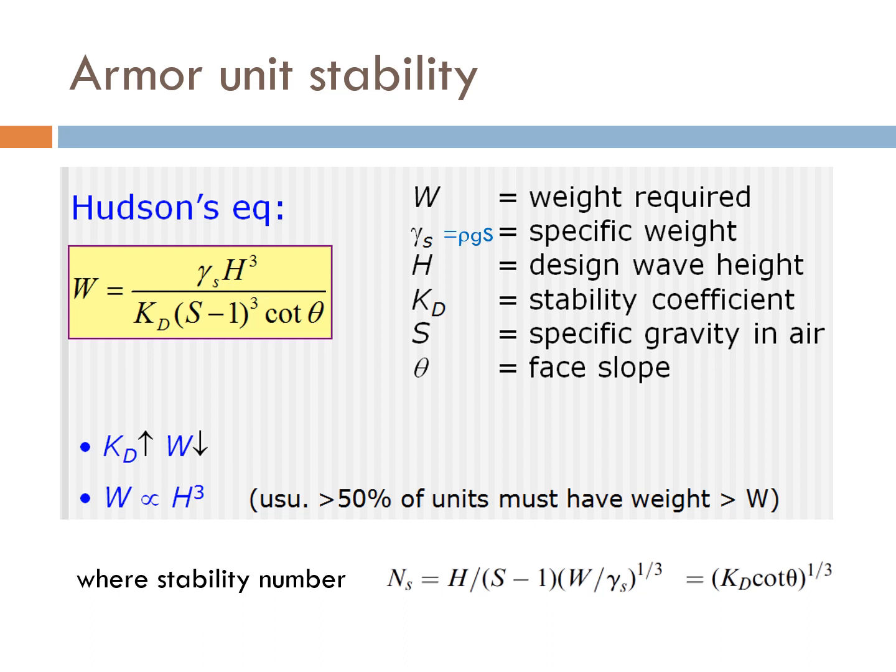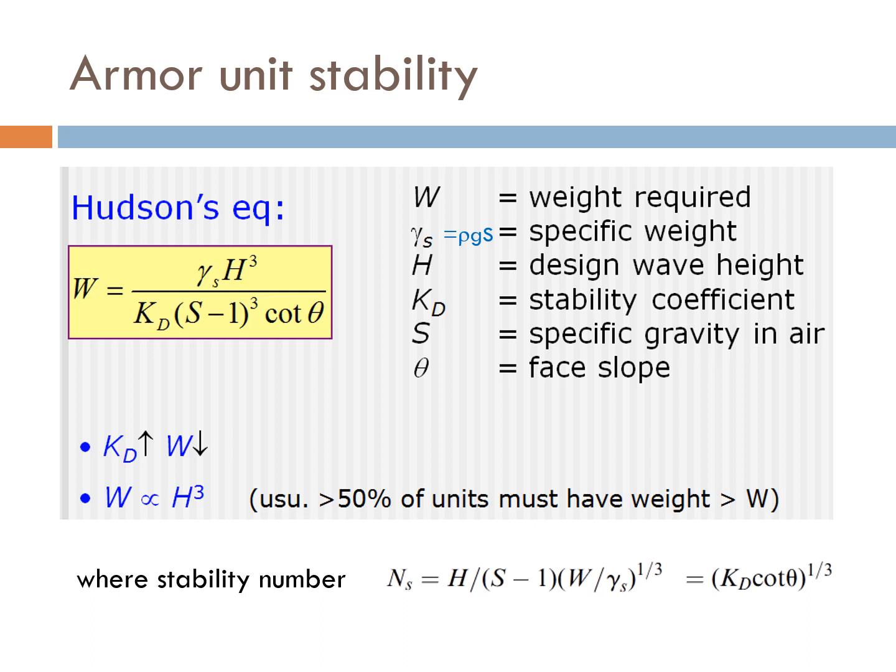If we are using quarry stone, then usually more than 50% of the units must have a weight more than the W value that is calculated.